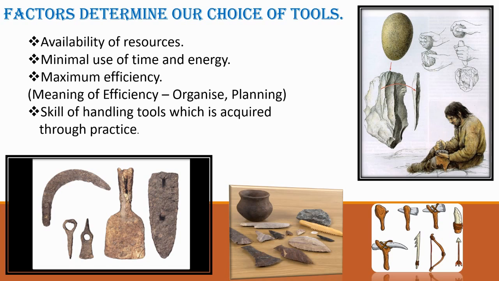It means access to the right resource for a given project at a given time with the necessary skill set or technology. Second, minimal use of time and energy. Here the possibility of finding the measurable maximum energy and the minimal time interval is discussed in different aspects.